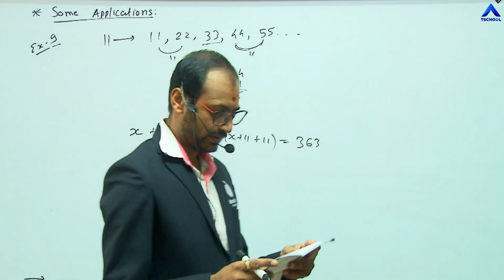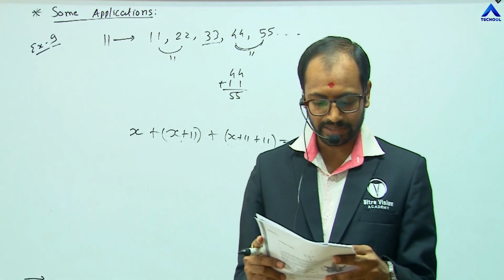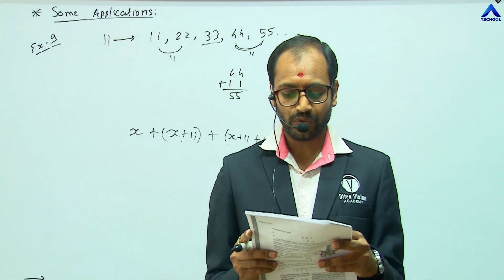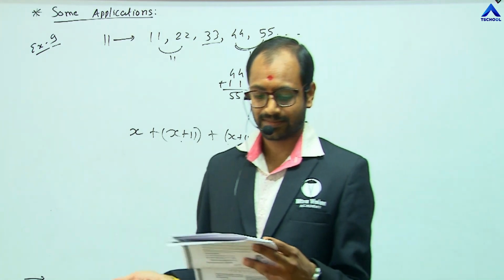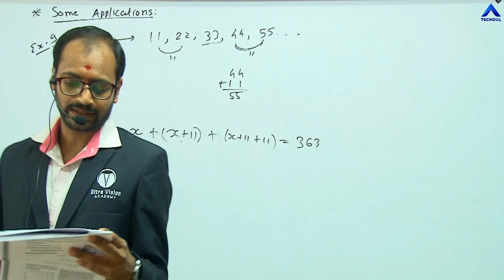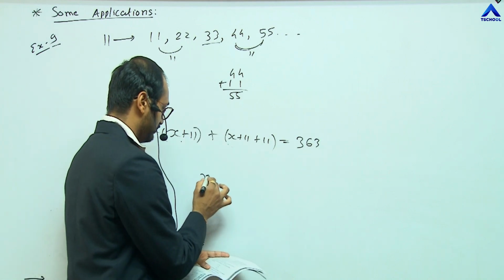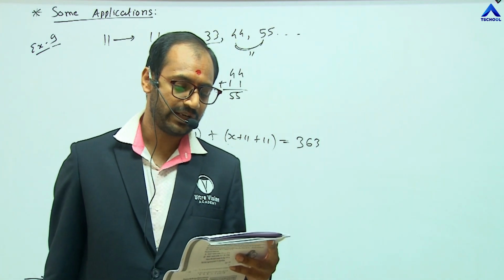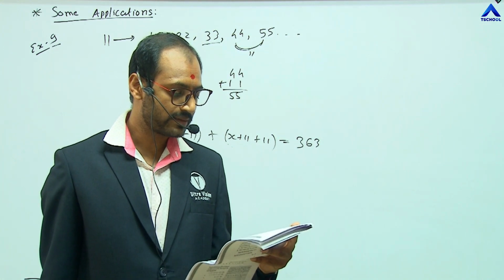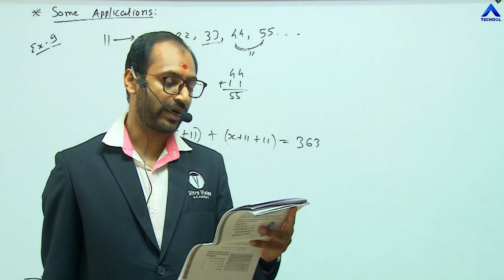In the same way, example number 10 says the difference between two whole numbers is 66. You can guess a whole number like x. The difference between two whole numbers is 66. The ratio of the two numbers is 2:5.